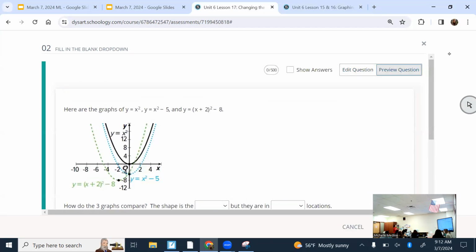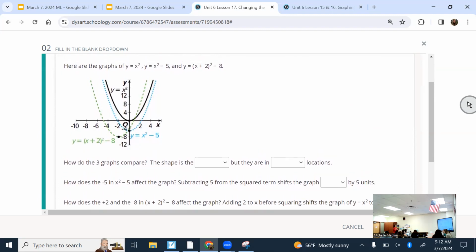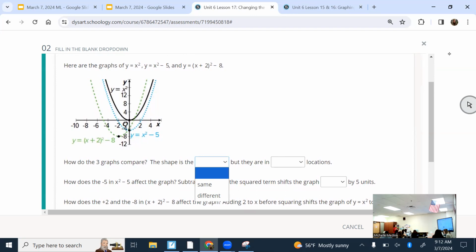So let's see. We have a bunch of different graphs and we want to compare them. So how do they compare? How would you describe the shapes as same or different? Do you think any of them are wider or narrower than the others? So you would say the shape is the same, that's what it means. And if you look at the equation, none of them should be more wide or narrow because all of them have an a value of 1.